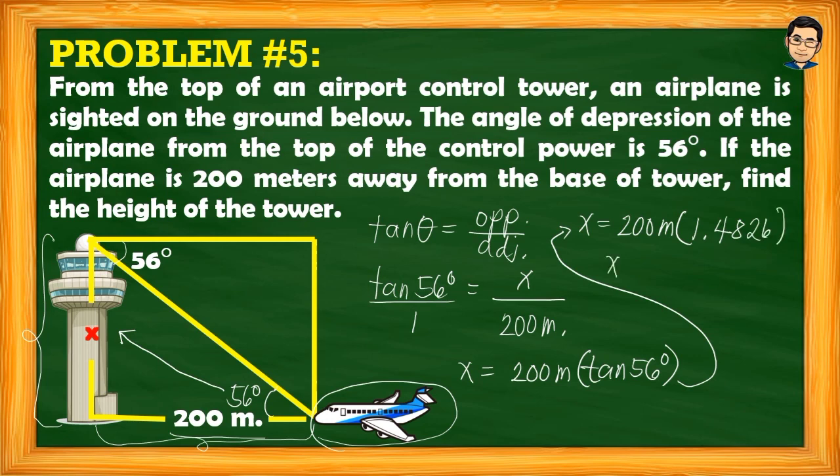So, multiply lang natin sila. Ang makukuhang sagot natin is 296.51 meters. So, yan po yung approximate height ng tower. 296.51 meters.